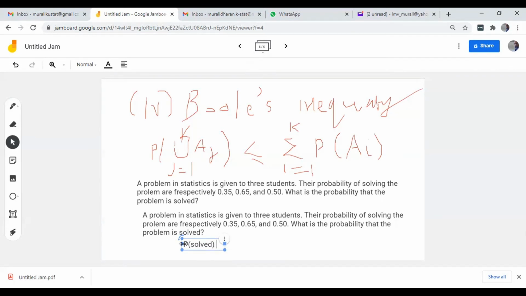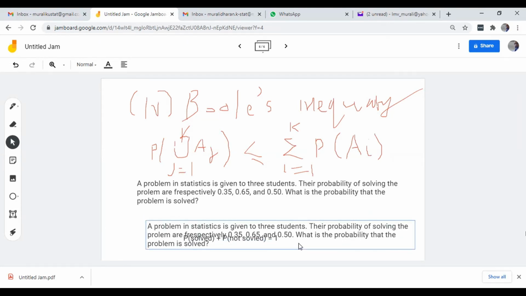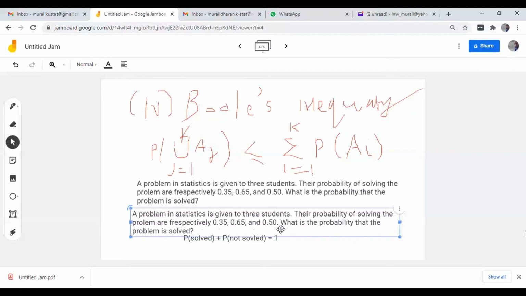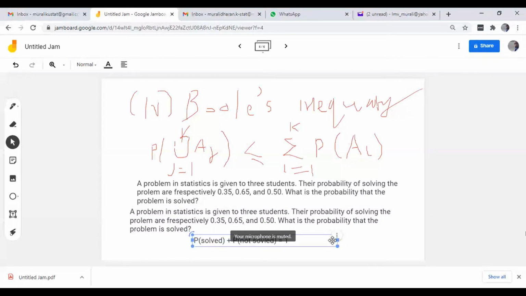Our axiomatic definition also says this. Which implies that problem solved is equal to 1 minus problem not solved.